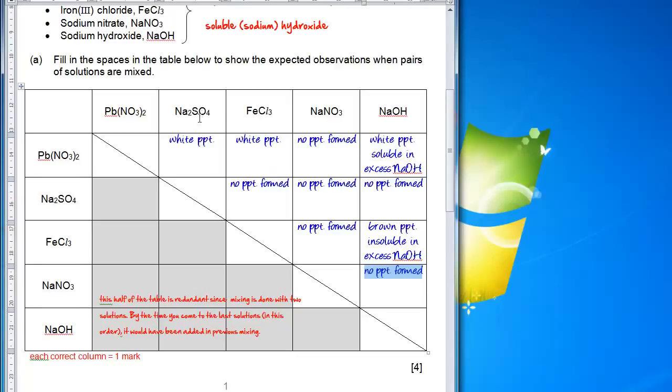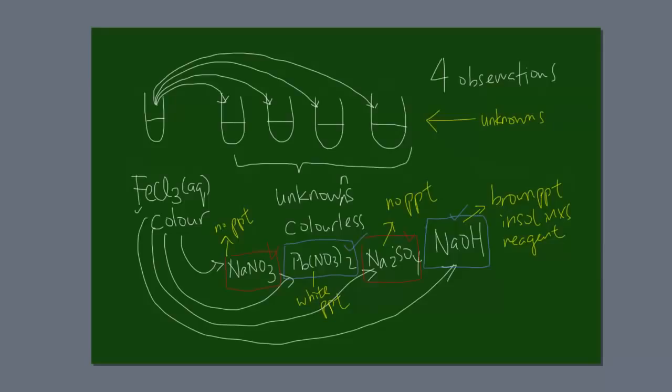Sodium sulfate gives a white PPT with lead nitrate. No PPT with sodium sulfate, no PPT with FeCl3, no PPT with NaNO3, no PPT with NaOH. Okay, so I think we have a solution over here. We are going to make use of PbNO3, which we have positively identified, to distinguish Na2SO4 and NaNO3.